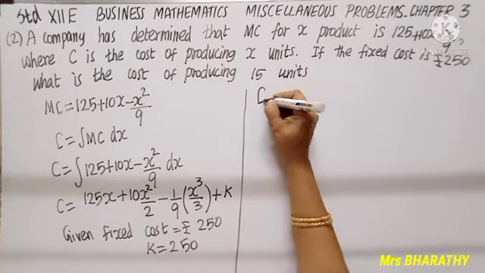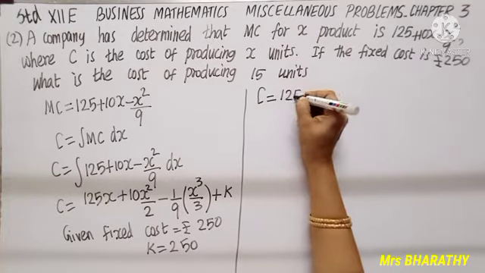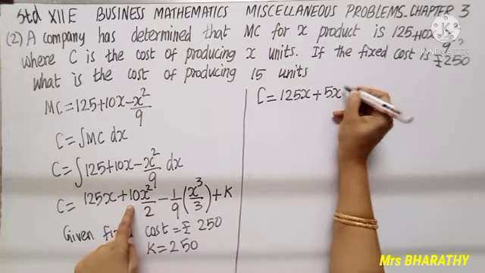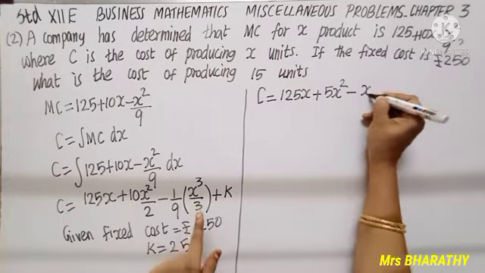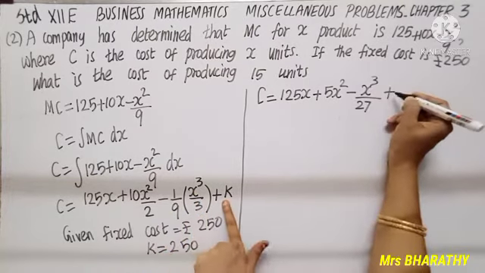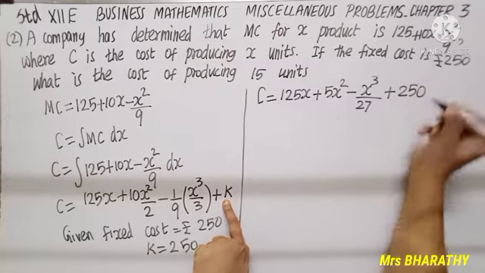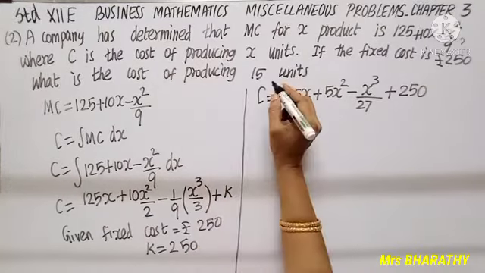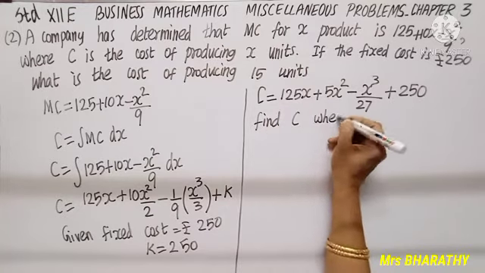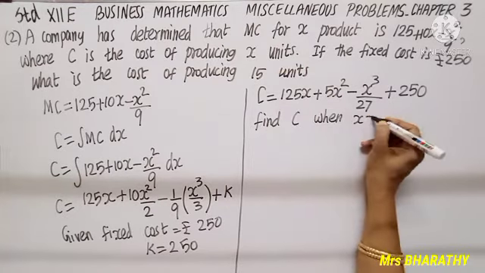So what is capital C? It is 125x plus, as I cancel, 5x square minus x cube by 9 3s are 27, plus K value 250. The question is to find C when x is equal to 15 units.